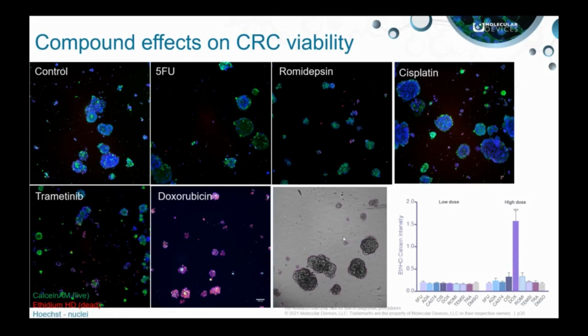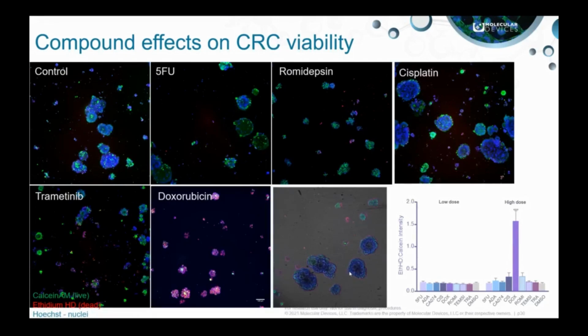From the segmentation, we then obtain the intensities from the green and red channels. The average intensity from the red channel is expressed as a ratio to the green channel. In this way, high values indicate more dead cells per organoid. And this is shown in the graph on the lower right.